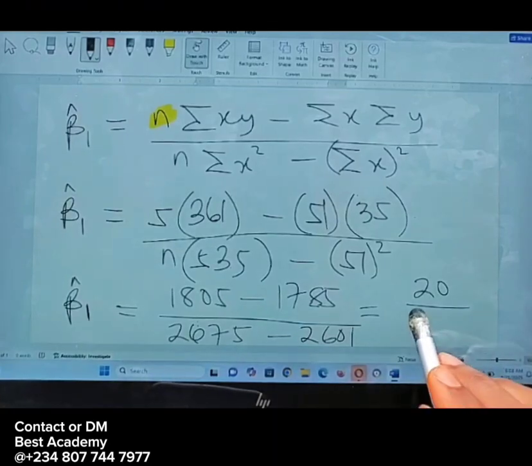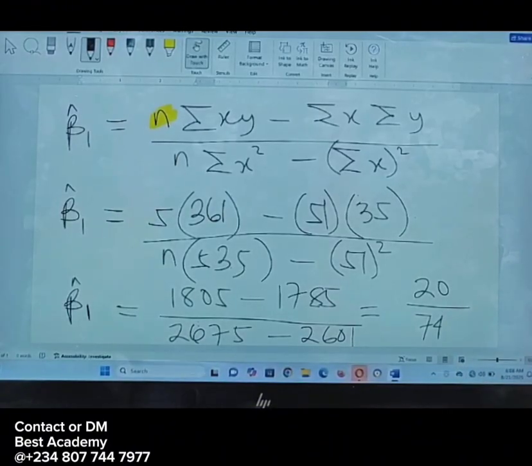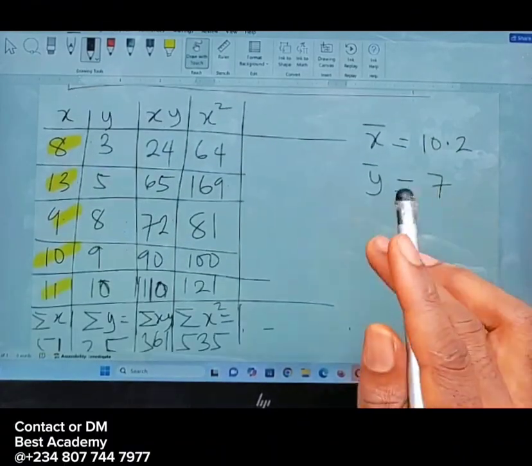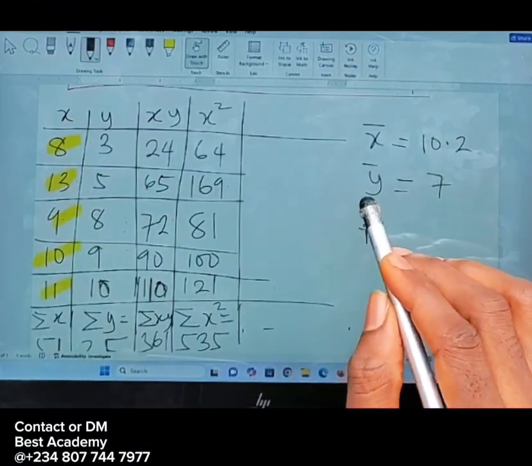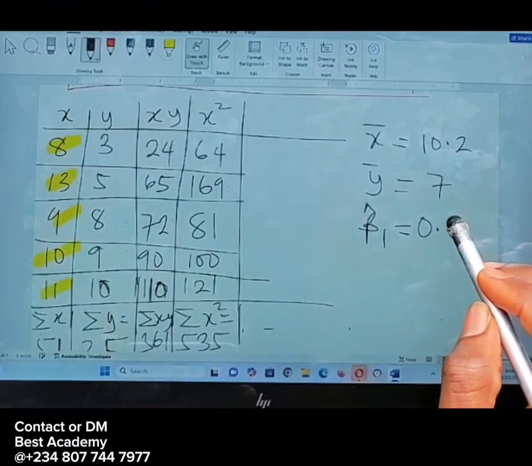We have this to be 74. So that means 20 divided by 74, which is 0.270. So our beta 1 hat is going to be 0.270.